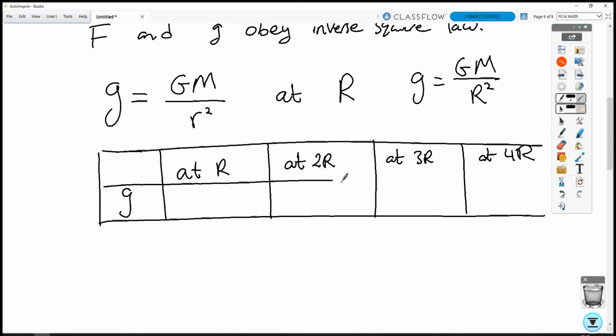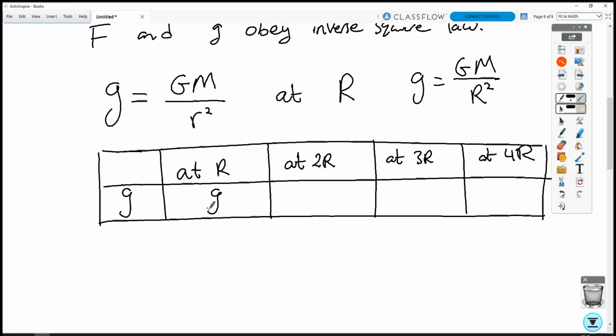So we've already defined the very first one. At R, g is just g. At 2R, we put 2R all squared. So not only is the R squared, but the 2R is also squared.